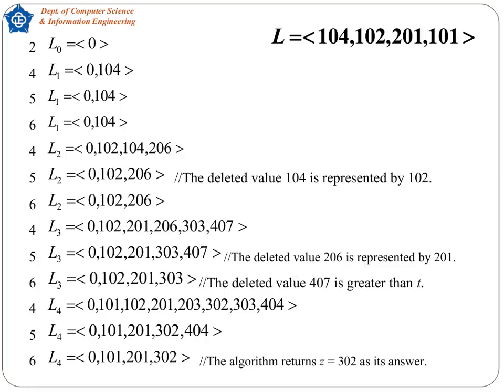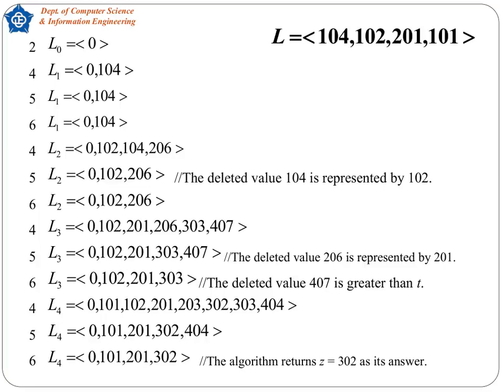Insert 201. Adding 201 to each element gives 0, 102, 201, 303, 407. After sorting, we discard 206, dominated by 201, and drop 407. It exceeds T, so L equals 0, 102, 201, 303.